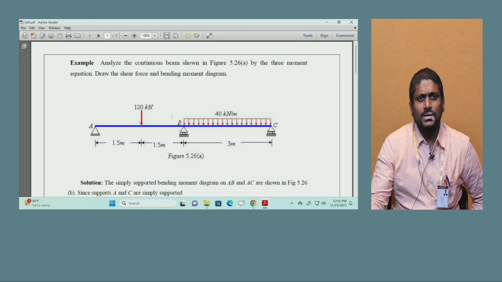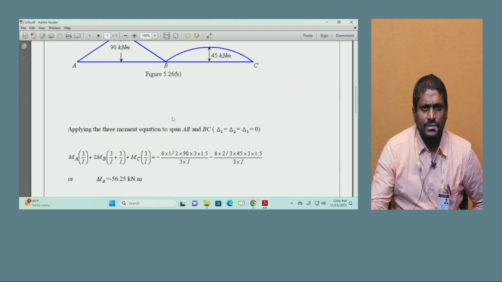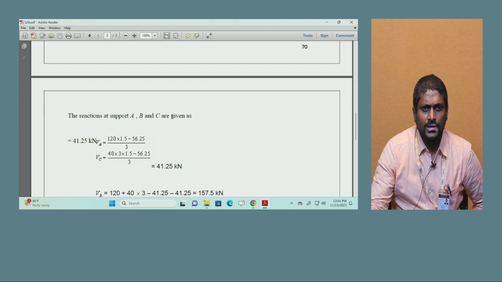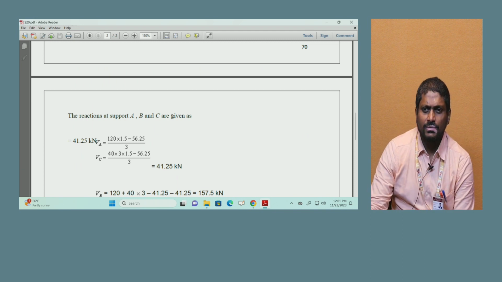And analyzing the continuous beam, of course it is repeating, the value of MB can be calculated, and the reactions at A, B and C are given as follows.